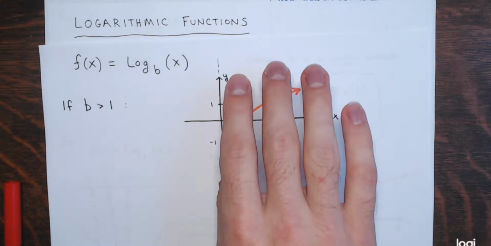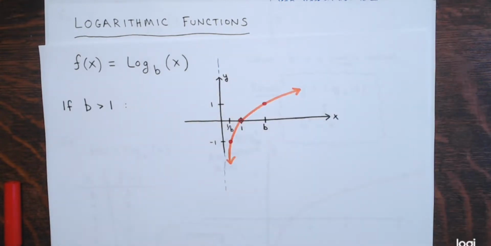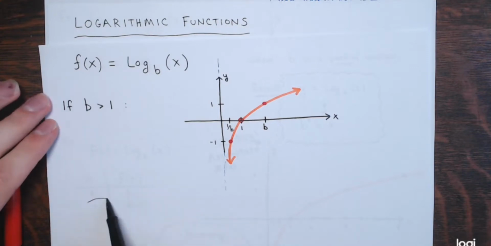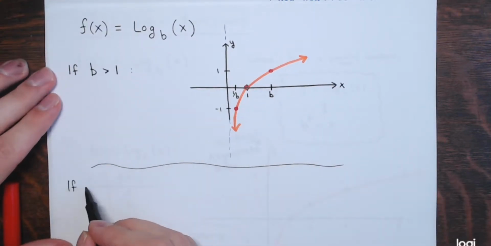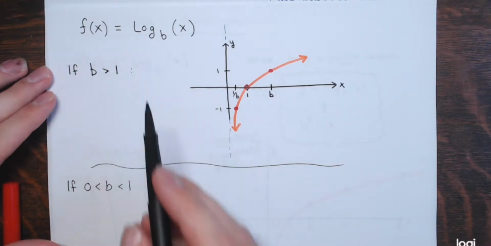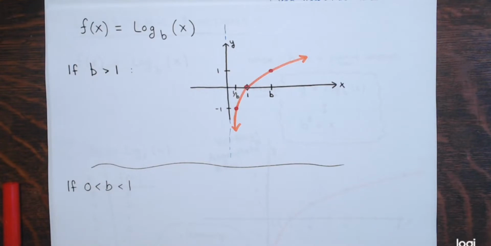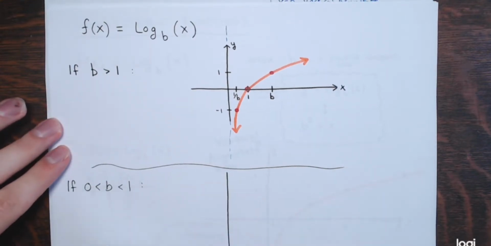The domain is only positive numbers, and the range is all real numbers. And if the base is less than 1, or between 0 and 1, because remember I'm talking about only positive constant bases, then the graph will look like this.